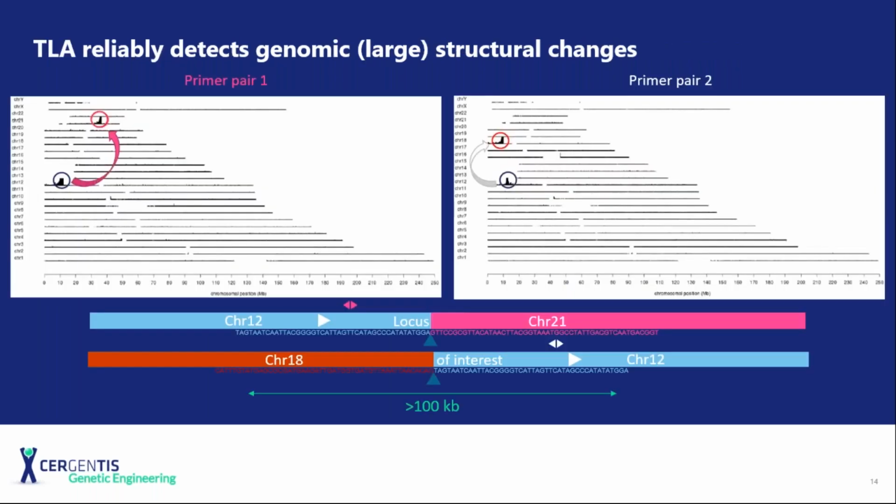That is further visualized here. So this is an actual example of a translocation from chromosome 12, the intended locus, where primer pair 1 shows a clear translocation from chromosome 12 to 18, and primer pair 2 shows a translocation from chromosome 12 to chromosome 18.